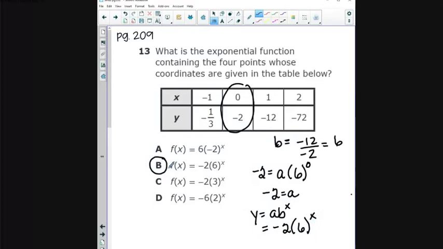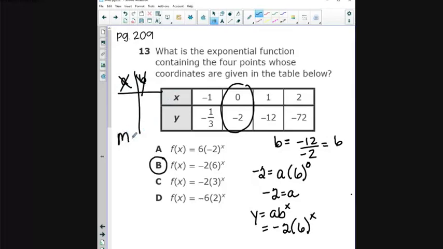Now, if you think you'll forget, you can plug in this table into the calculator. Remember that when you do the spreadsheets, you know how at the top it says A and B? You have to call it X and Y. You put your table in the spreadsheets.